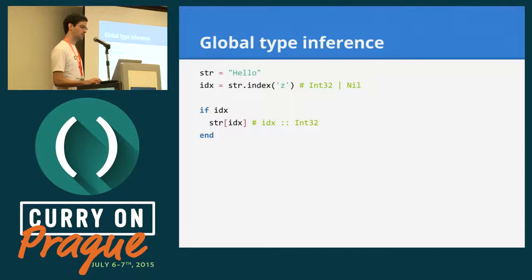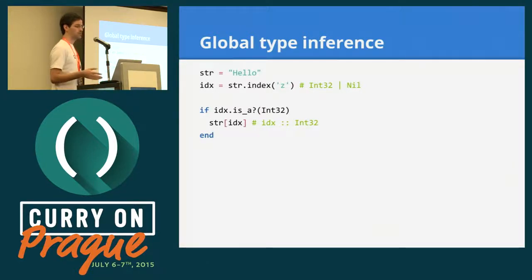So if we do if IDX, for those of you who know Ruby or not, the only values that can fail an if condition, so go to the else branch, are nil and false. So in the then branch of the if, the condition passed, IDX can't be nil, and the compiler automatically downcasts IDX to be an integer. So it's pretty expressive, and now we can perform this operation.